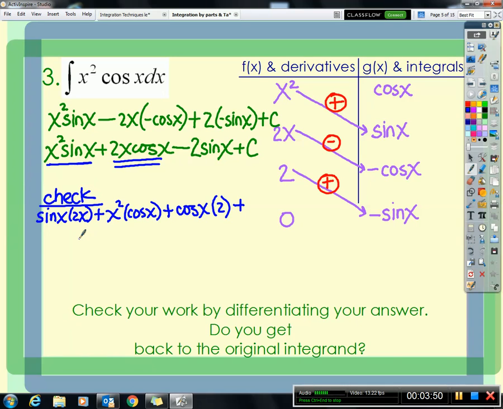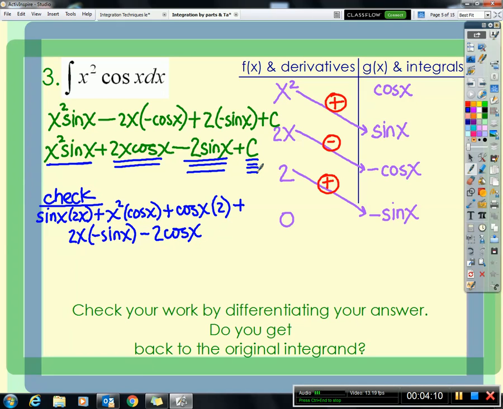So plus u dv. And then I have to do my derivative of my third term, fortunately, which is just negative 2 cosine x. And of course, the derivative of any constant term is just 0.